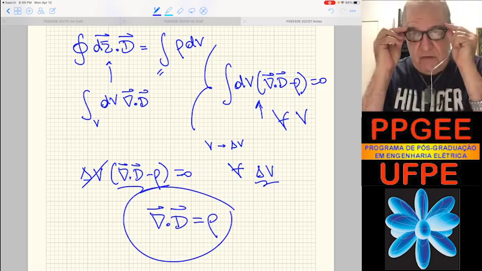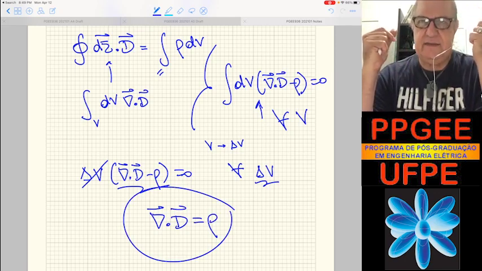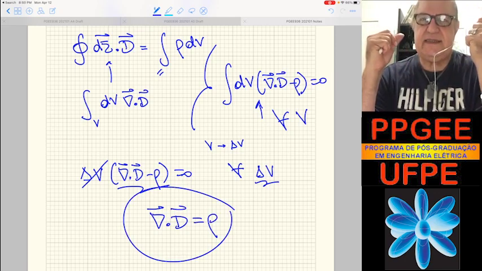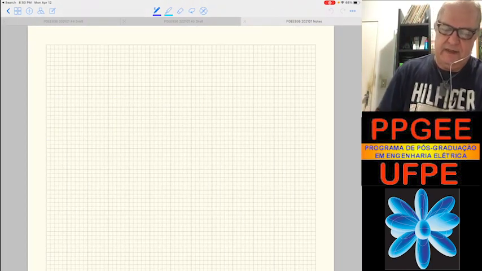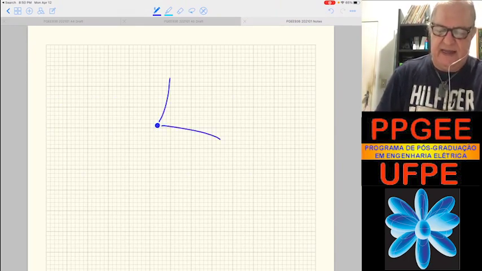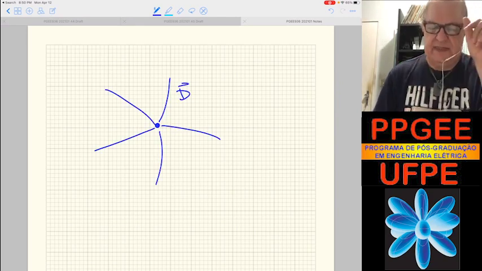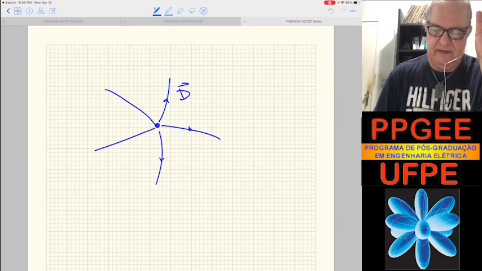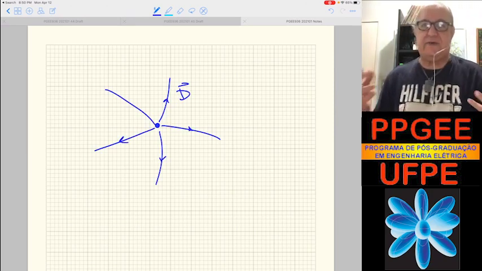Differential form of Gauss's law, right? Divergence of D is a detector of the field source. So if there's a positive density here, it means that we have field lines coming out. Those field lines will be represented by D or E. D and E are two versions of the same effect, which is the electric effect.